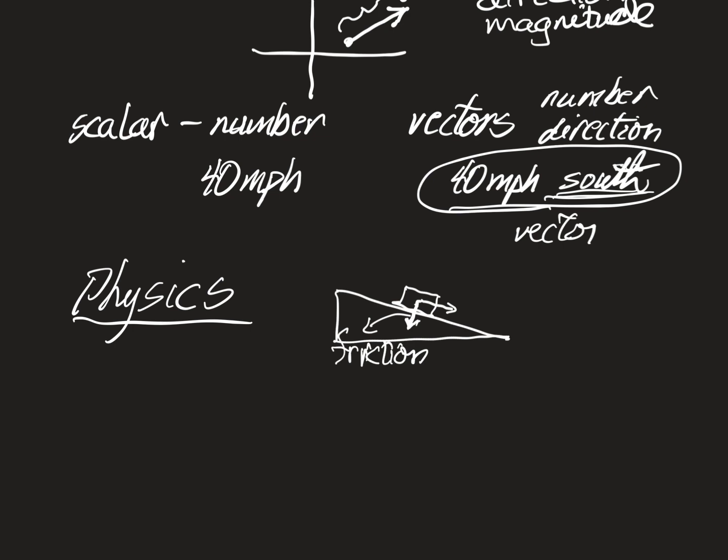There's some friction there, so that's a force. And then if the box is sliding down the plane, it's going in that direction, and there's some speed that causes it to slide. So this vector is sort of the sliding vector, and this vector, the friction vector, is sort of the resistance to sliding.